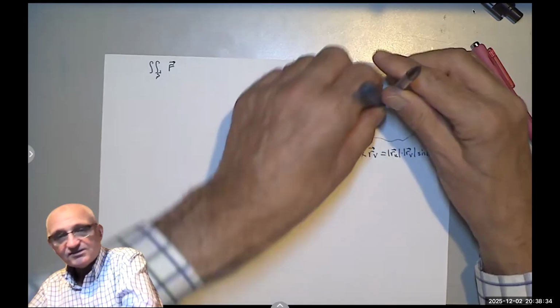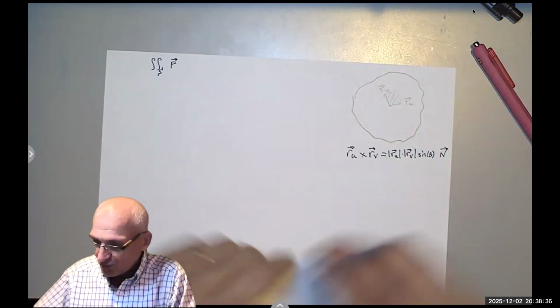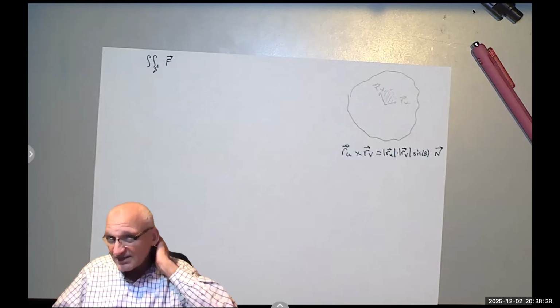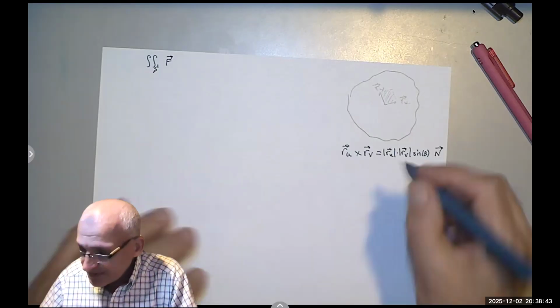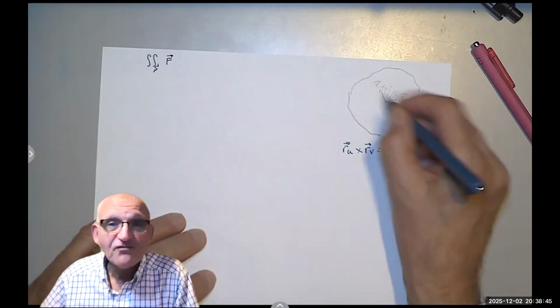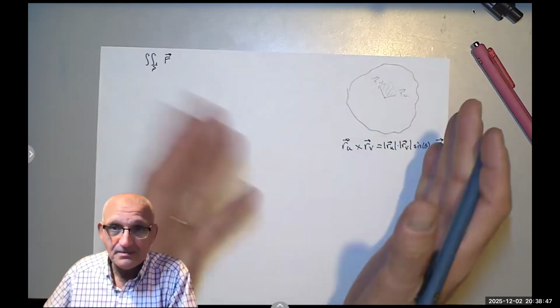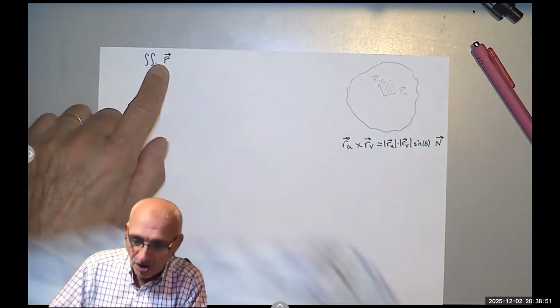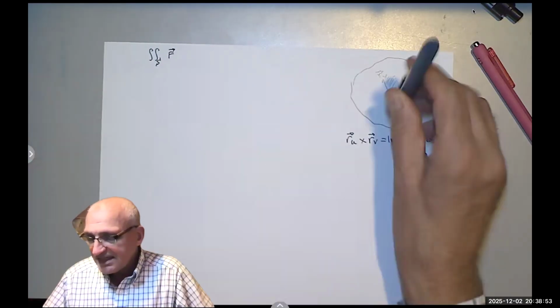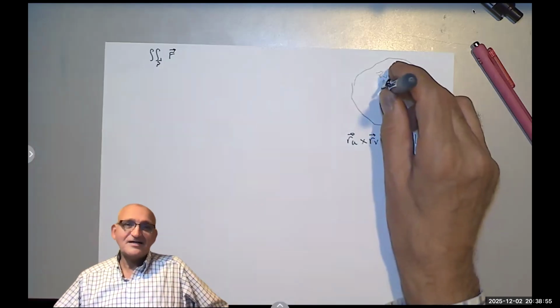But I'm going to take this field and project it onto the normal. I want it to be perpendicular. So really what I'm calculating is the volume of the parallelepiped in which the base is the parallelogram made of R sub u and R sub v, and the height now becomes the projection of the force perpendicular to that parallelogram.